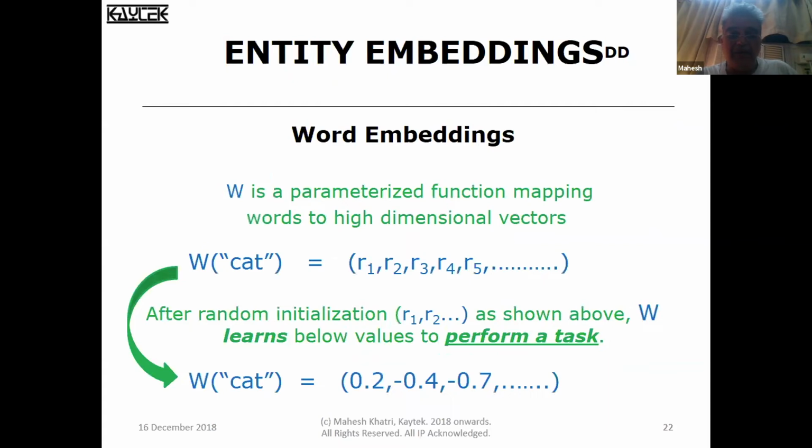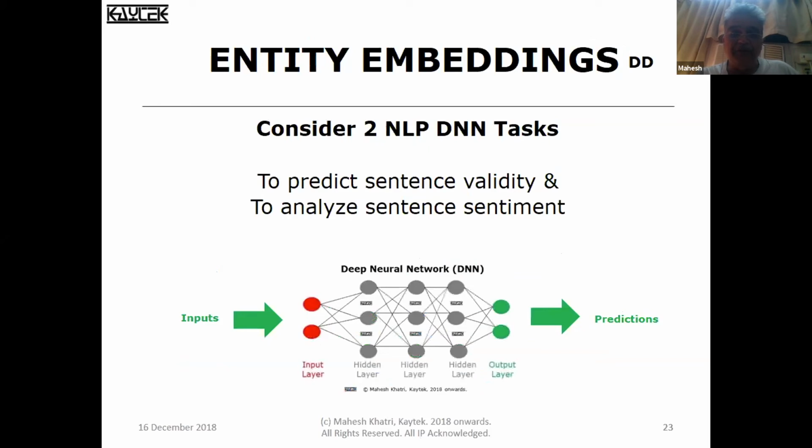What it is actually doing is, it is initialized randomly, and after initialization, it learns these values to perform a particular task. So let us see what the task is. There are two different tasks which I have shown over here. One is, let's say I have a task to predict the sentence validity, whether a particular sentence is valid or not.